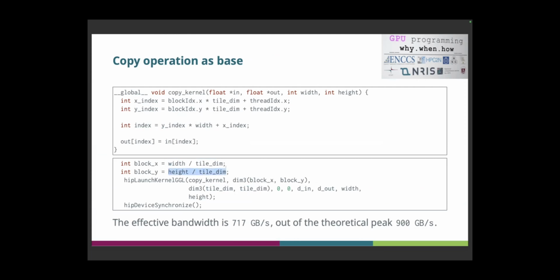So we are assuming here that the width and the height of the problem are divisible by TILE_DIM. So this is a very simple copy, and now in the full code, we can compute the execution time, take the total size of the problem divided by the execution time, and then we can find out the bandwidth.